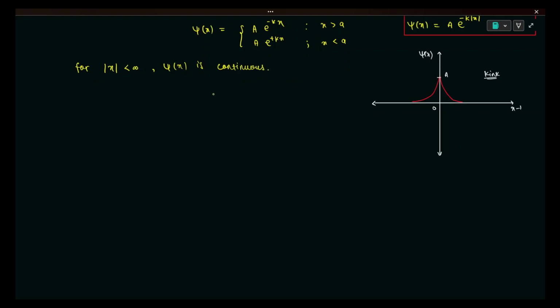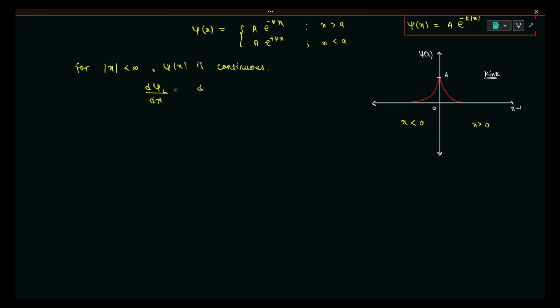But let's try to find its derivative, and then we will see that the derivative of this function takes a discontinuous jump. Let me calculate d psi L by dx. In the left region, so basically the region x less than 0, and this is the region x greater than 0.